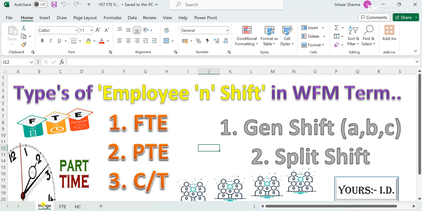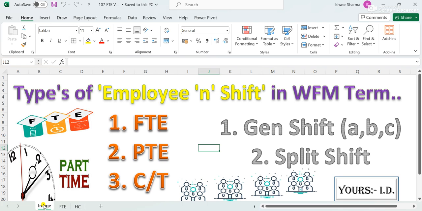The third one is temporary employee or contractual employee, where there is a contract and policy between the company and the employee, and they work on that basis. These are the three types of employment in any company in terms of WFM.